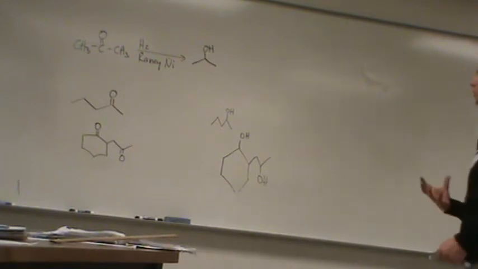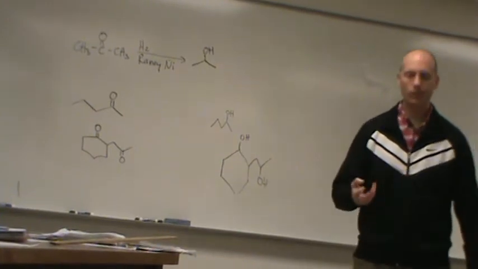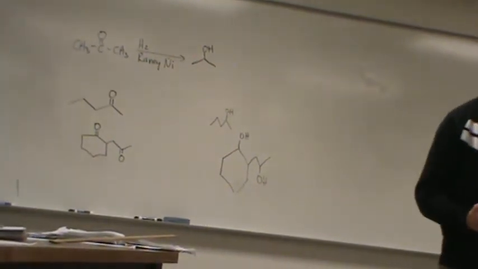That will do the exact same thing. Raney nickel is just nickel mixed with sodium hydroxide. Then we just call it Raney nickel, just a catalyst to help the reaction occur.